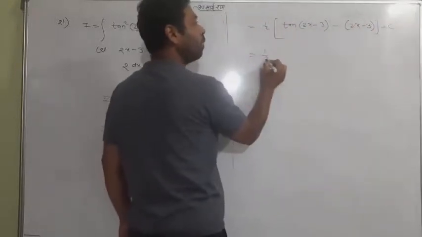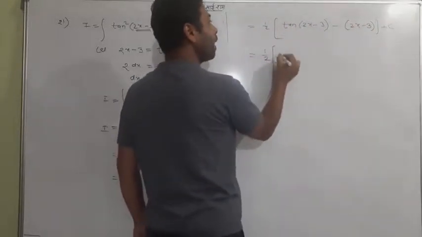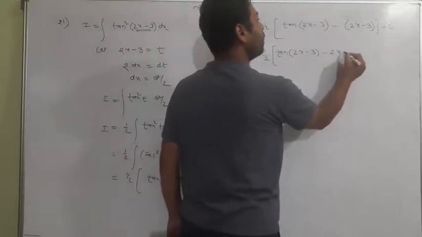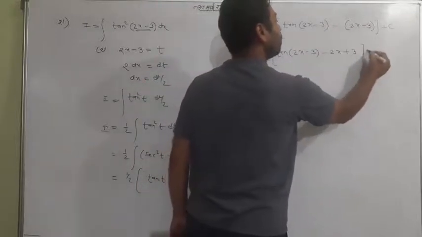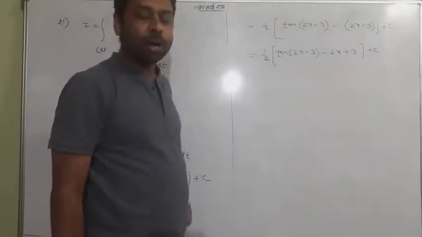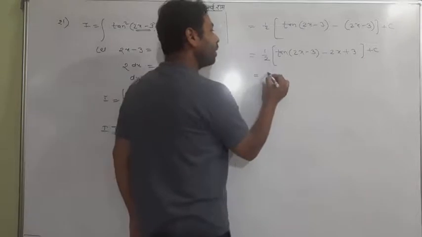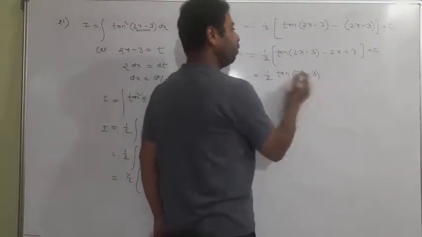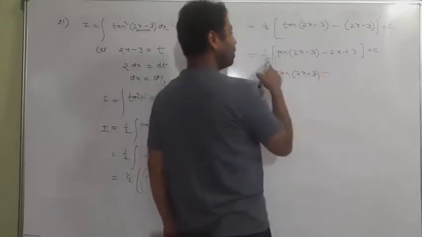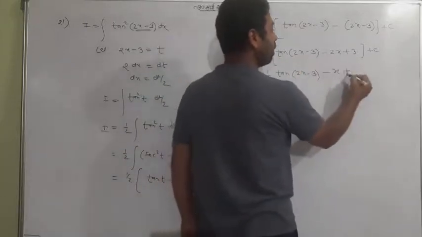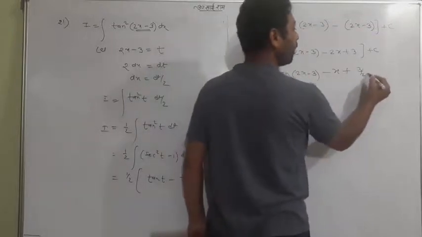One more thing I want to share with you: it is tan of 2x minus 3 minus 2x plus 3, plus c. It will not match the answer sheet at the back of the book. So multiply by half: half into 2x, the 2s cancel, and this gives 3 by 2 plus c.